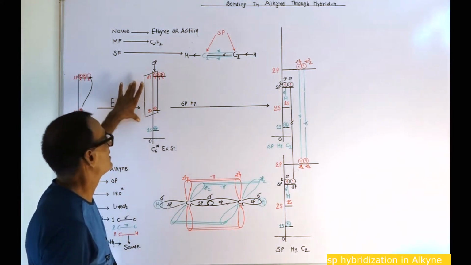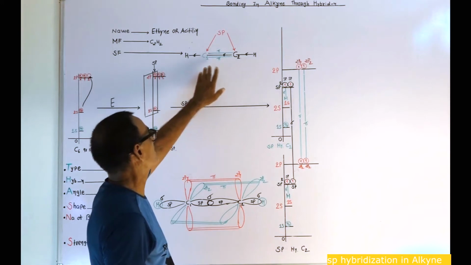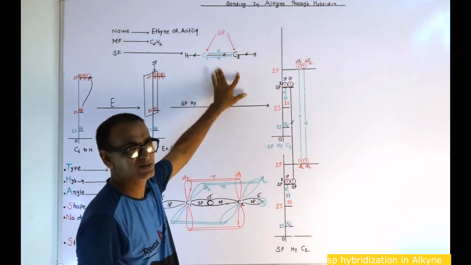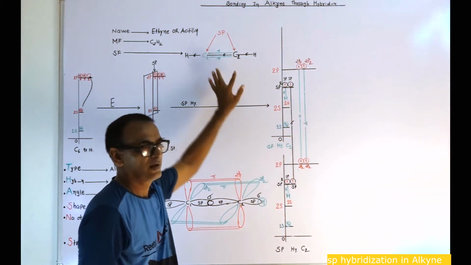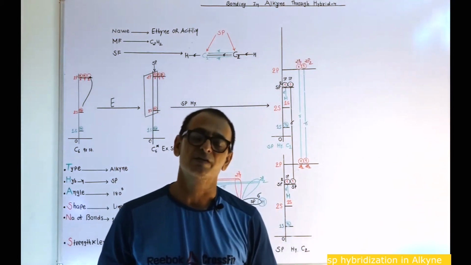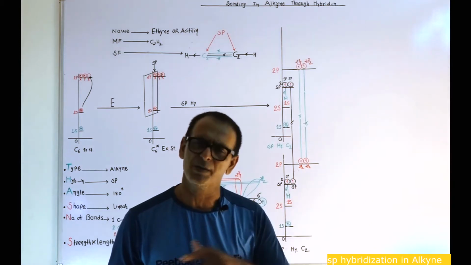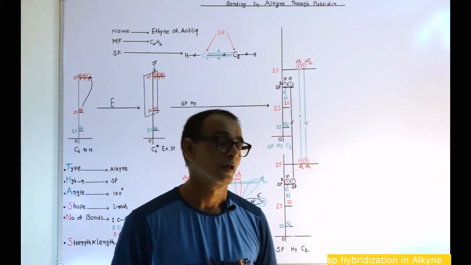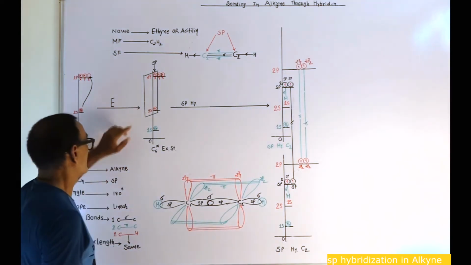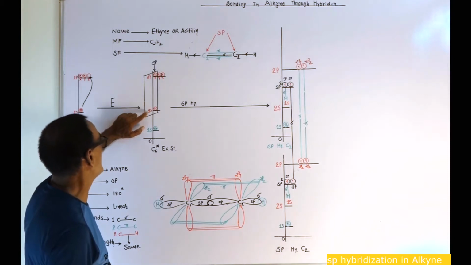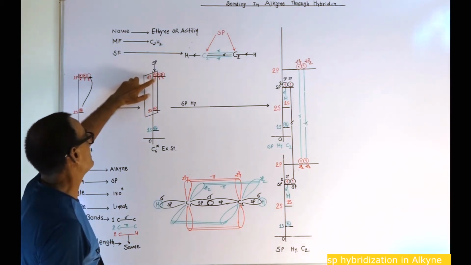Now, as per our calculation, both C1 and C2 are sp hybridized. What is the definition of sp hybridization? The hybridization in which one s type and one p type orbital participate. In this case, one 2s orbital and one p type 2px orbital.